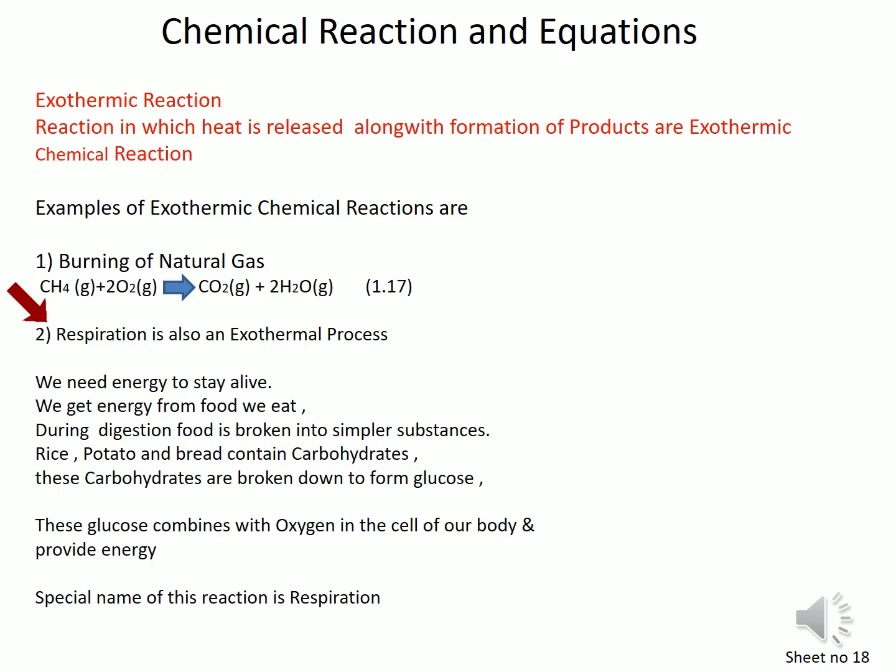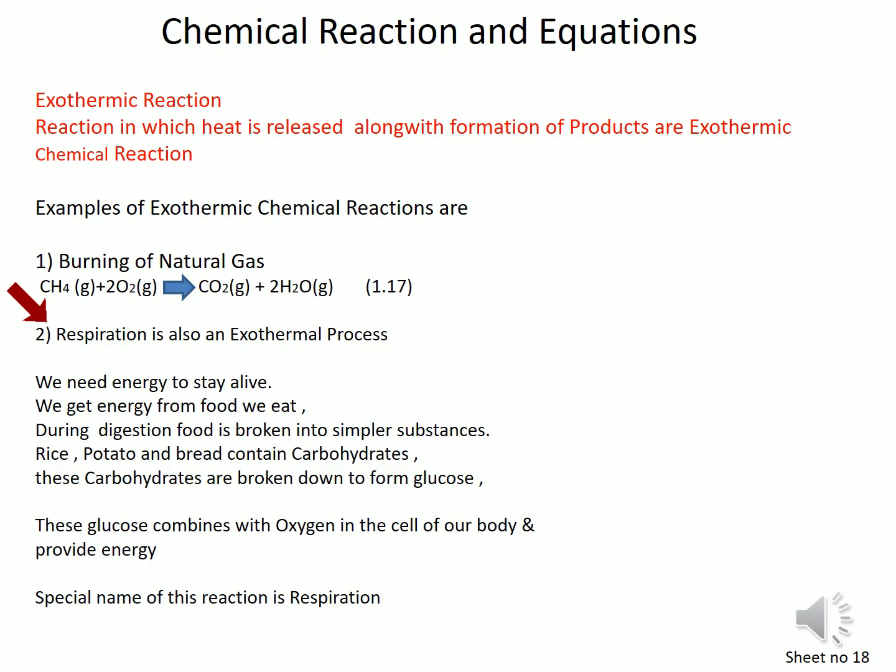Then the next example is respiration. Respiration is also an exothermic process. We need energy to stay alive. We get energy from food, whatever we eat. During digestion, this food is broken into smaller substances. Rice, potato, bread contain carbohydrates. These carbohydrates are broken down to form glucose.